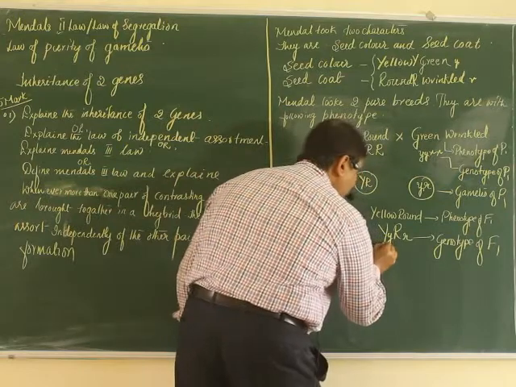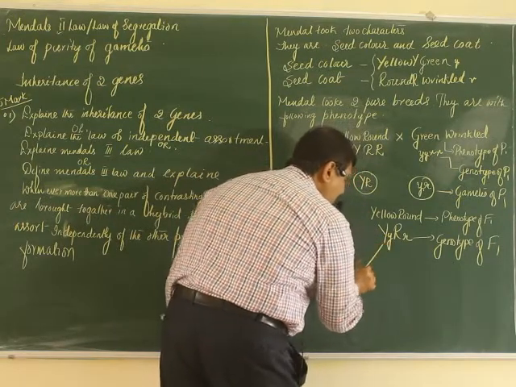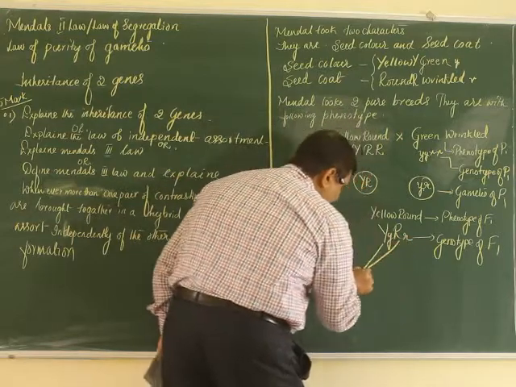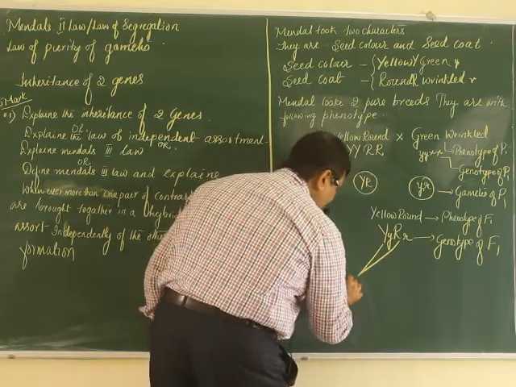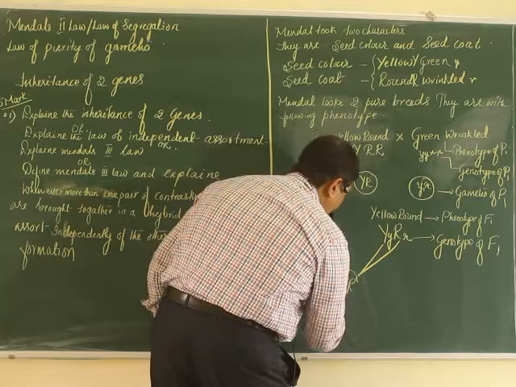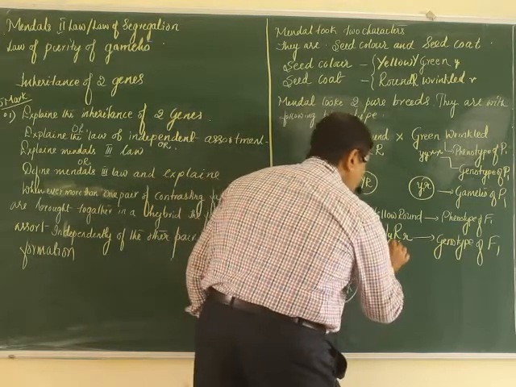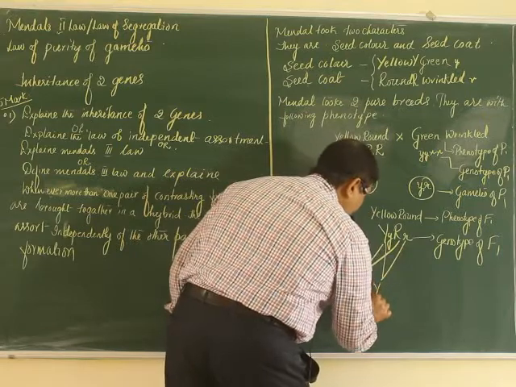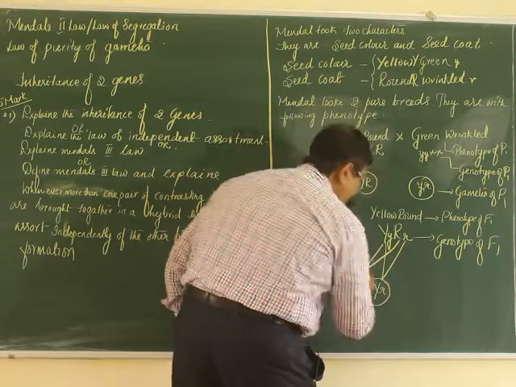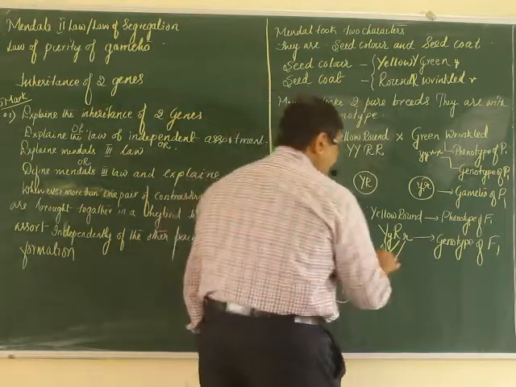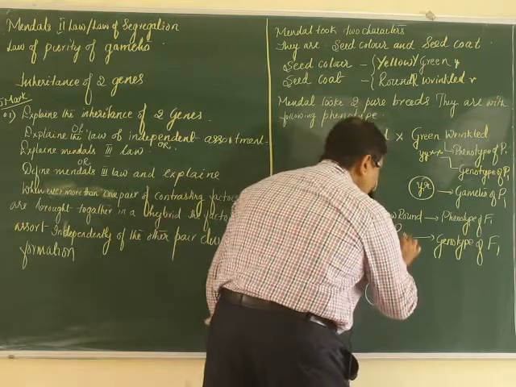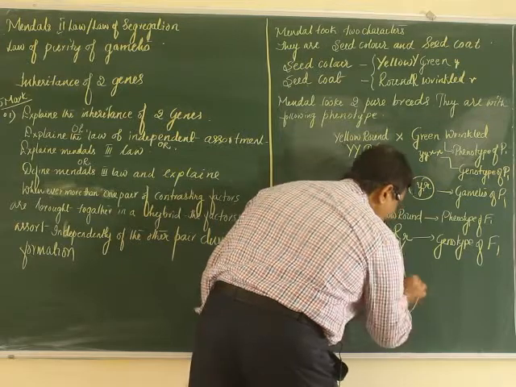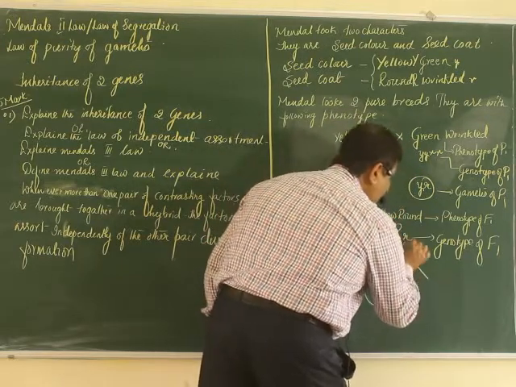How many types of gametes does it produce? Capital Y will go to one gamete with capital R, permutation combination: capital Y, capital R. Then capital Y, small r, second type. Small y, capital R. Small y, small r.